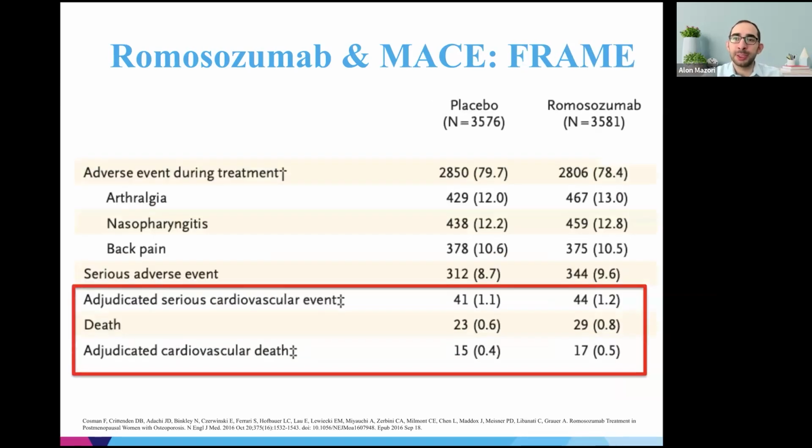If we take a look at the placebo-controlled trial, we see that there was no statistically significant difference in adjudicated serious cardiovascular events, death, or adjudicated cardiovascular death. So at this point, there is uncertainty regarding whether romosozumab increases the risk of heart attack or stroke. And so in my conversations with patients, I always ask them additional questions, such as a family history of heart attack or stroke, so I can better understand whether this potential risk may be relevant to them.